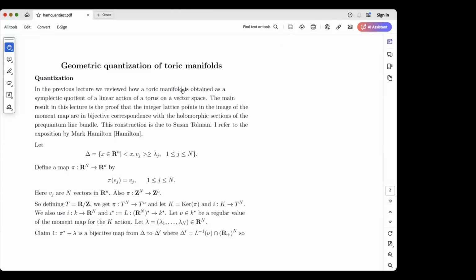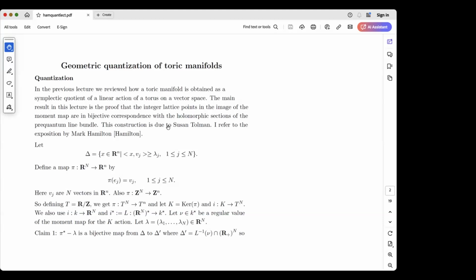Thank you. I will be describing today the symplectic proof of one result, which is that the integer lattice points inside the moment polytope parameterize the geometric quantization of a toric manifold.